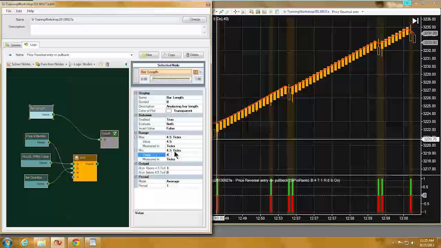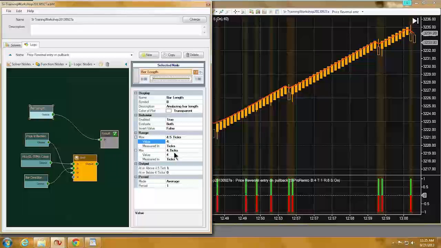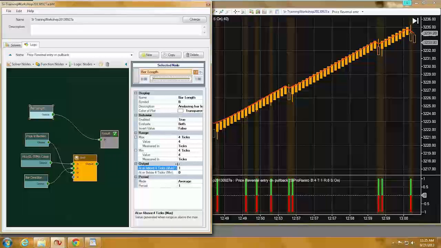Interesting. I wonder why this is not working. Let's set this down to 4. All right, so 4 works. So essentially, when we're at 4 ticks or more, you can see our output is set to above 4 ticks.